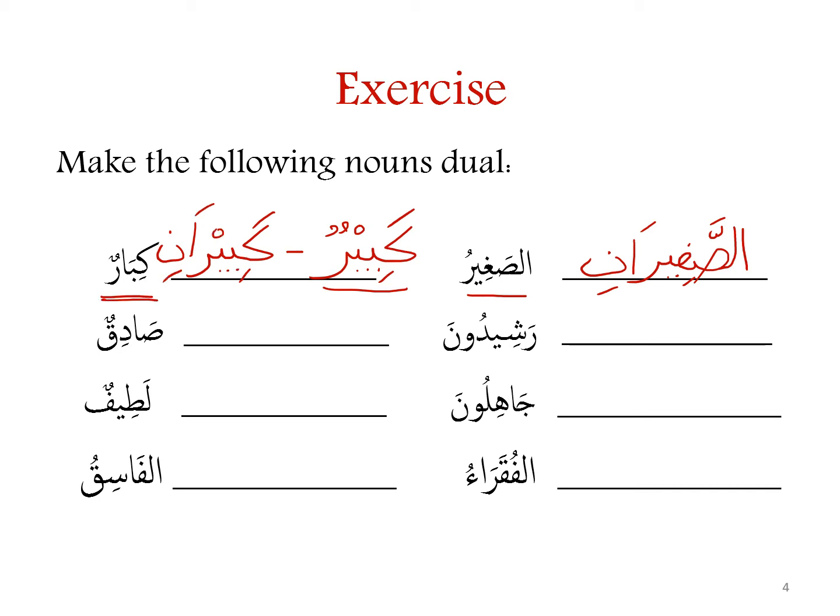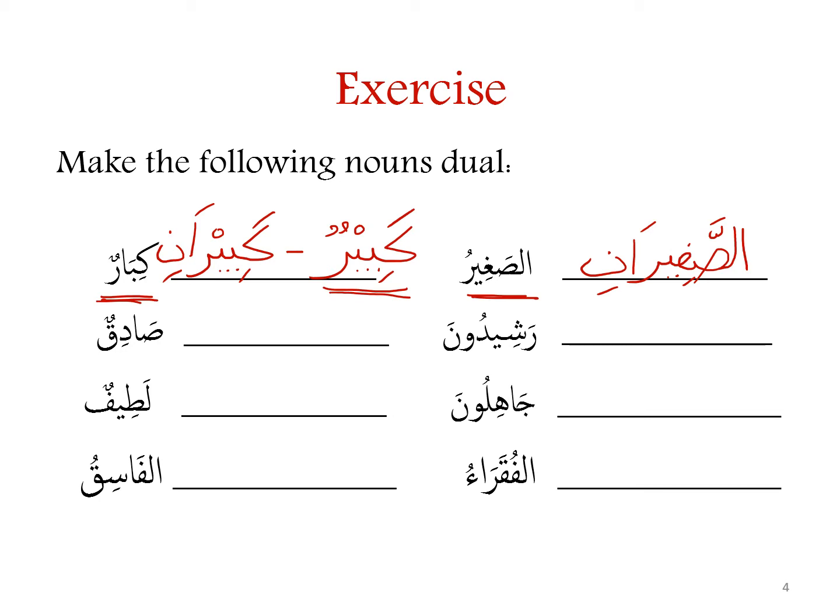These two words, kabirun and as-saghiru, are used as sifa or adjectives, which means that these words will be matching themselves to the noun that it's describing. So if the noun being described is in the plural form, we'd use kibarun. If it was in the singular form, kabirun would be used.